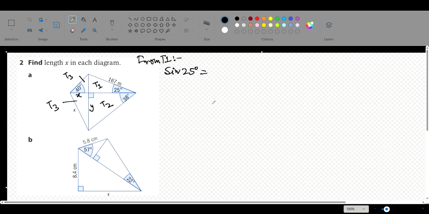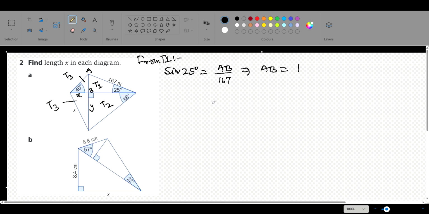Let's call this opposite, or name it AB, upon 167.